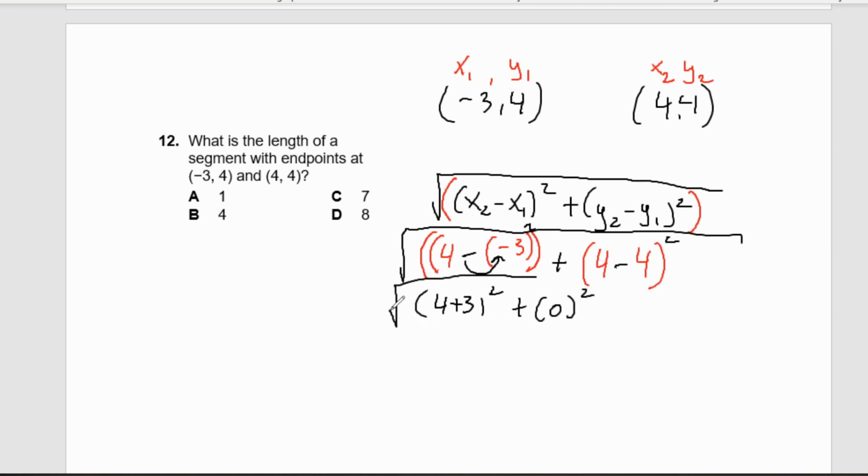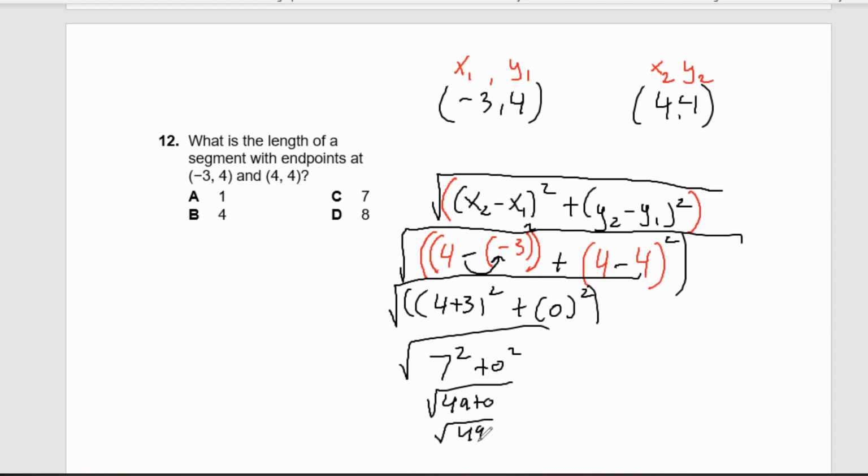And I maintain this as well as my extra parenthesis. 4 plus 3 is 7 squared. And the 0 squared is just 0. And this gives me the square root of 49 plus 0, which is just the square root of 49, which gives me 7.